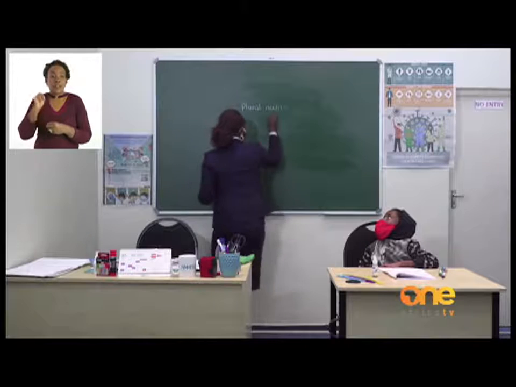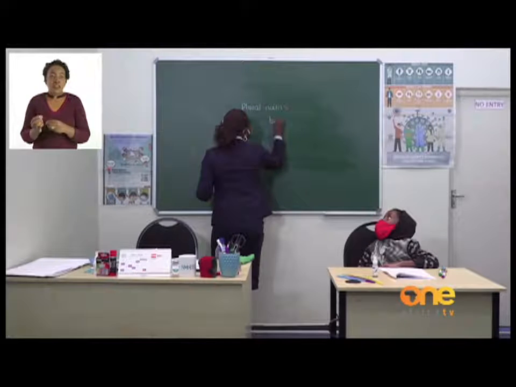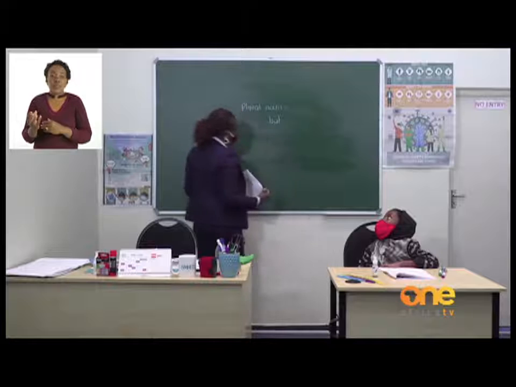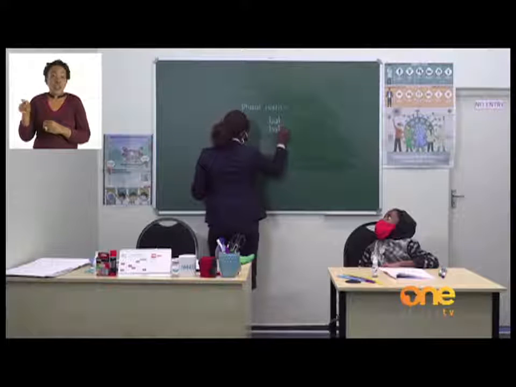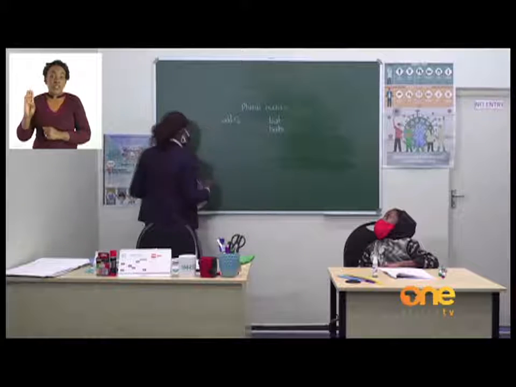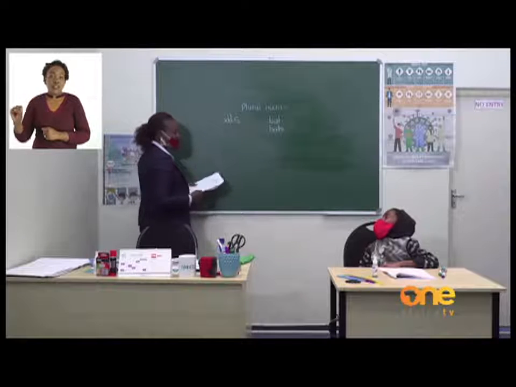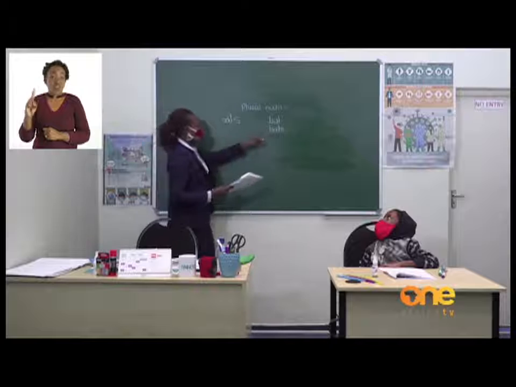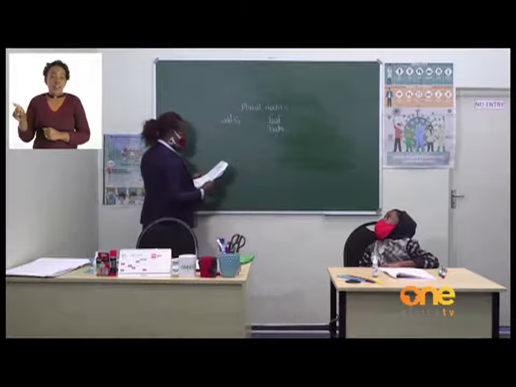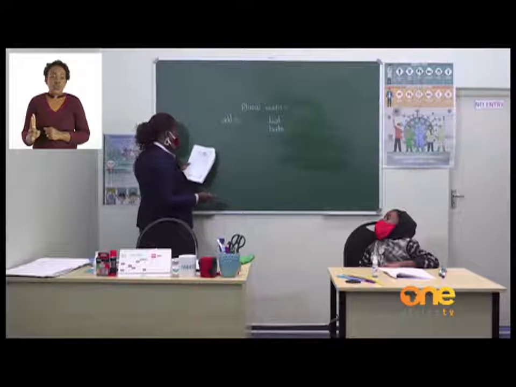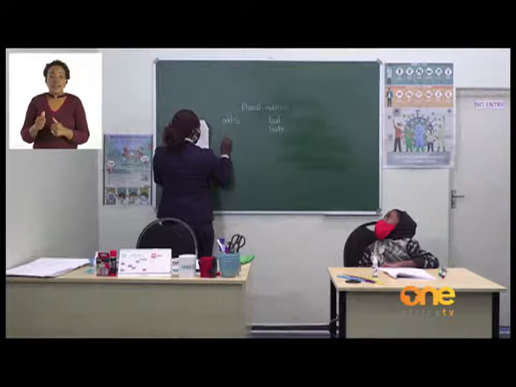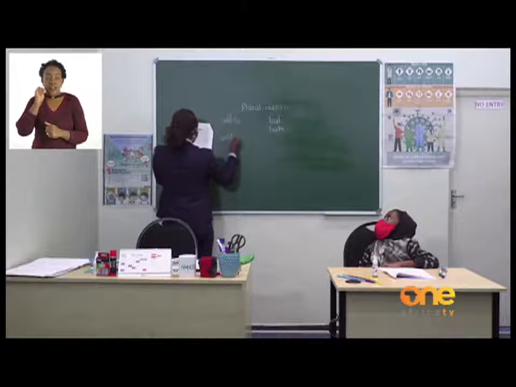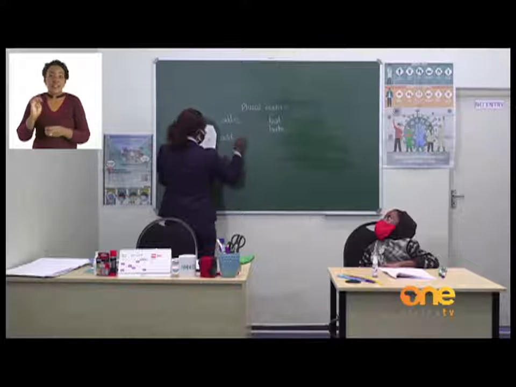For example, we have a bat. So we say bats. However, we have some nouns where we cannot just add S. Like if a word ends with S, like here you add ES.